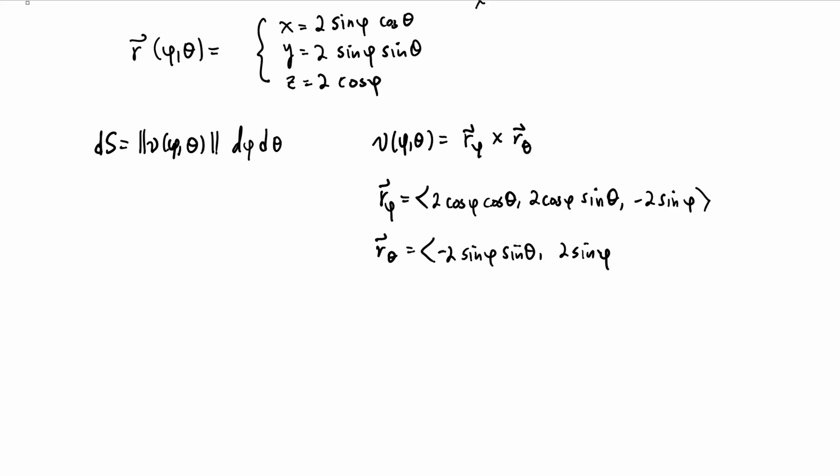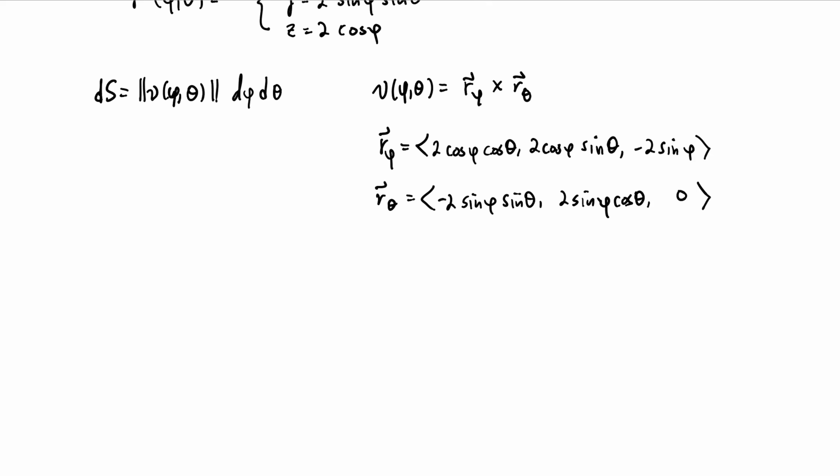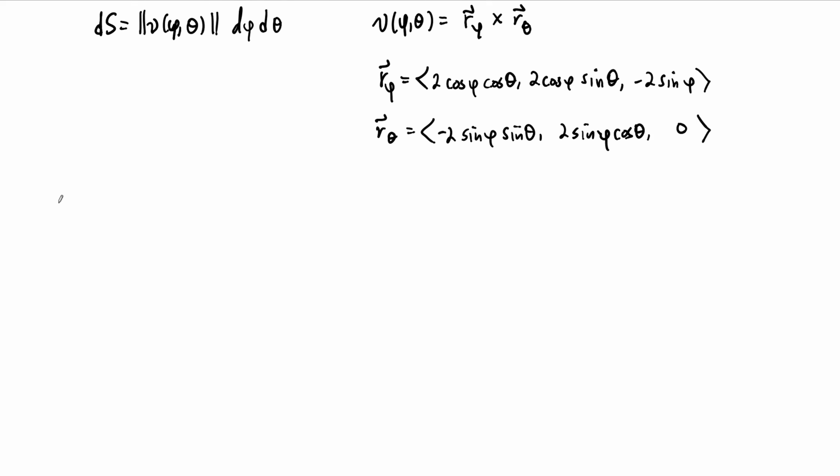Now at this point we have to take the cross product. I'm going to leave myself a little more room for this. Start over here. The cross product in the first component is going to be 4 sine squared phi cosine of theta.